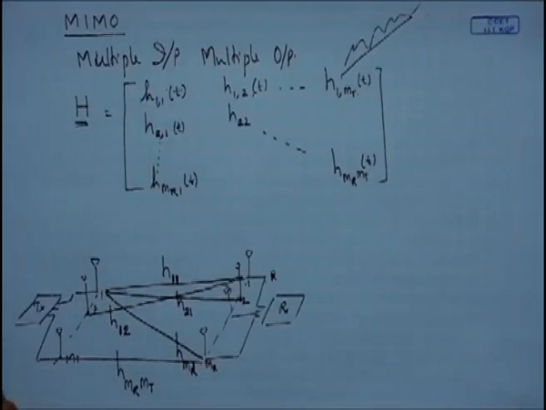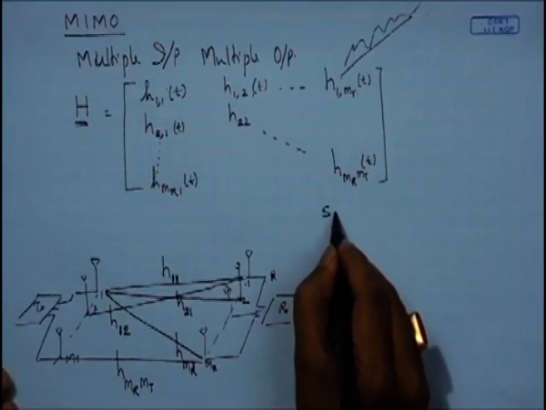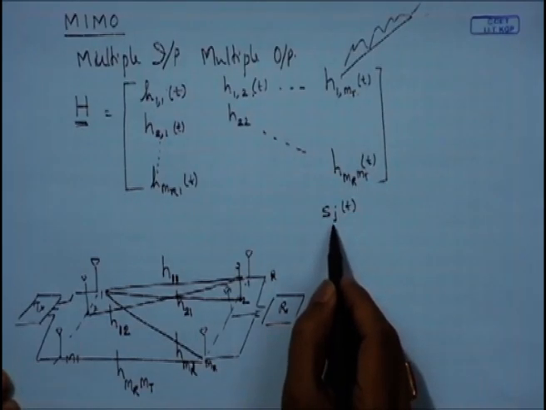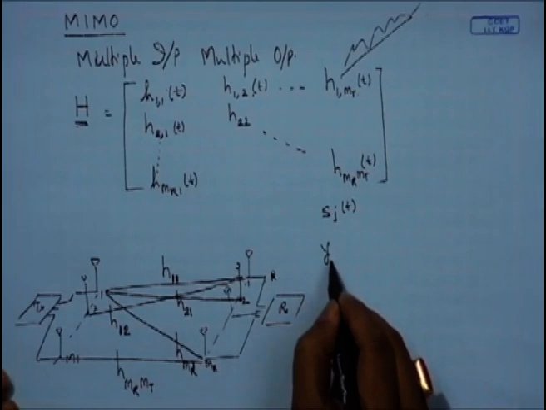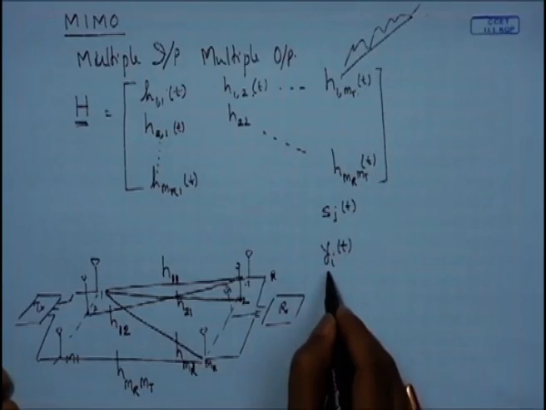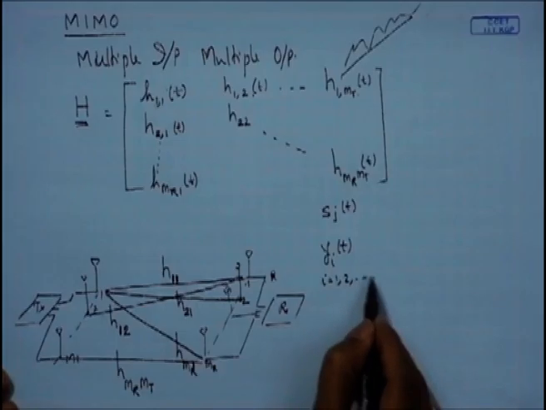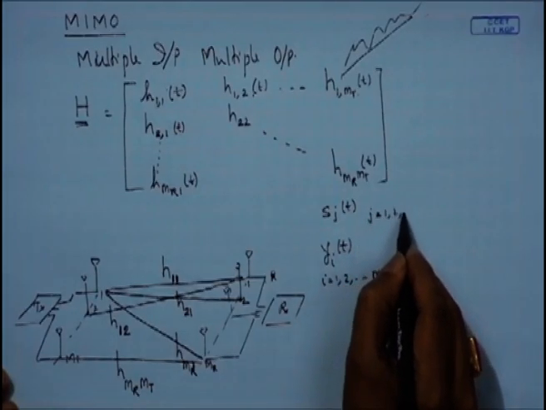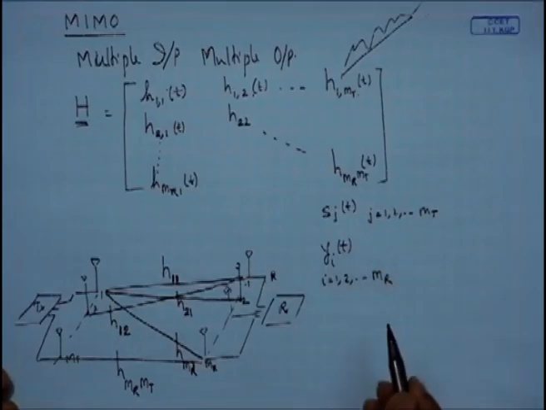We could write that sj(t) is the transmitted signal from the jth transmit antenna, and yi(t) is the signal received in the ith receive antenna, i equals 1, 2, up to MR, j equals 1, 2, up to MT.